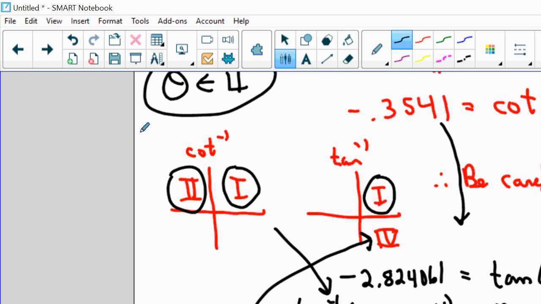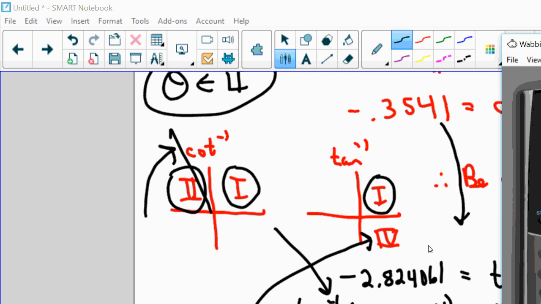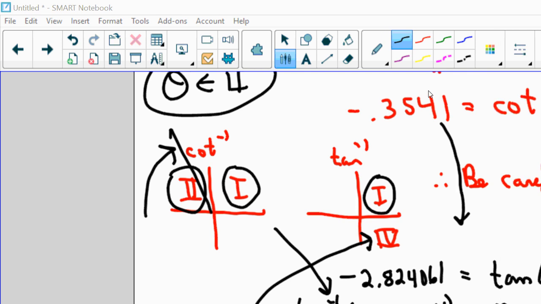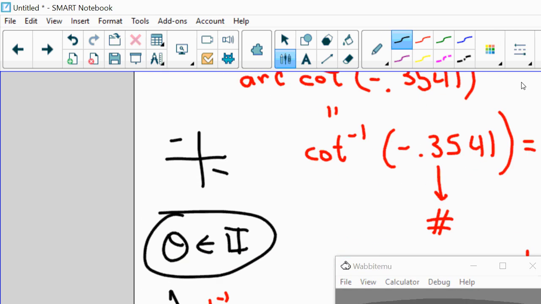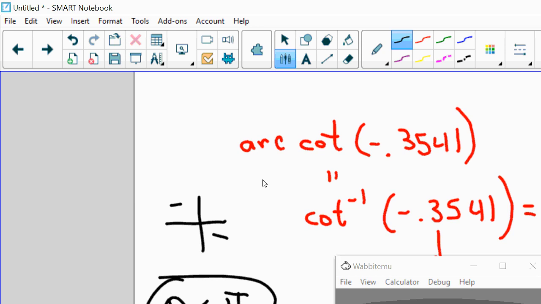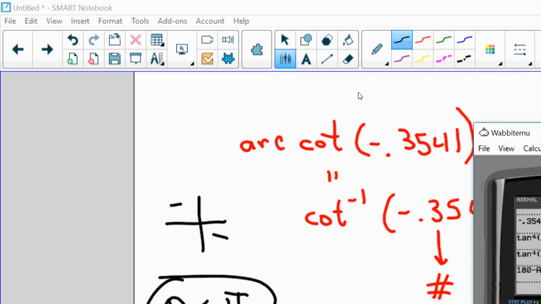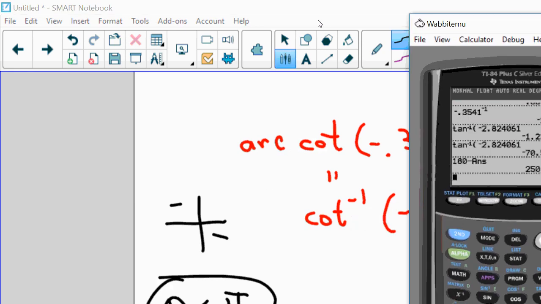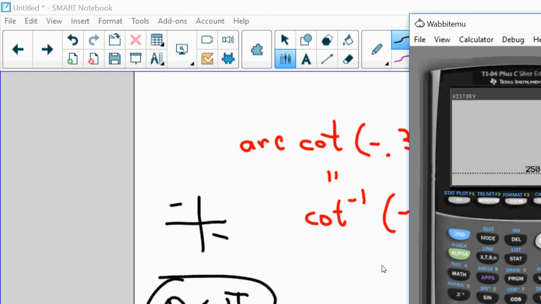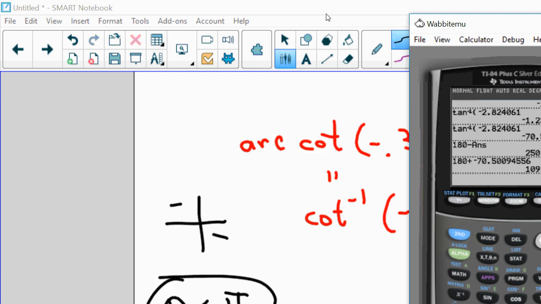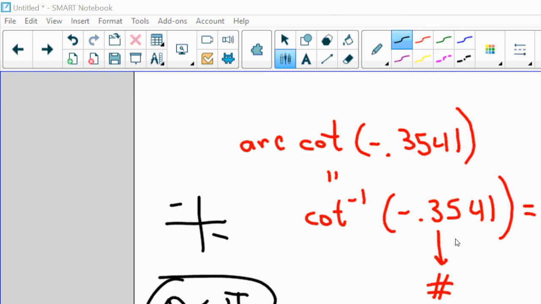We know the answer's in the second, so it's 70 degrees this way. So we go 180 minus the last answer. And we pick theta up to be 200. Whoa. Oh, yeah, my bad. 180 minus, and we get 109.449.